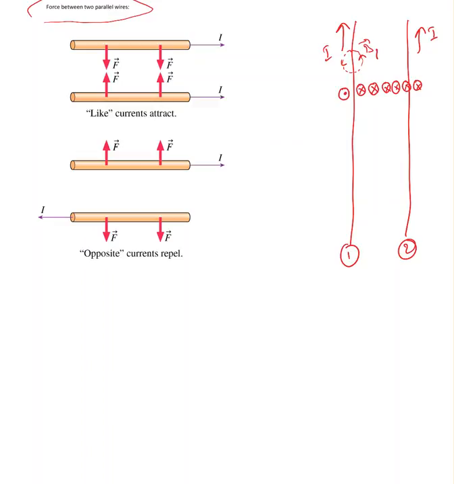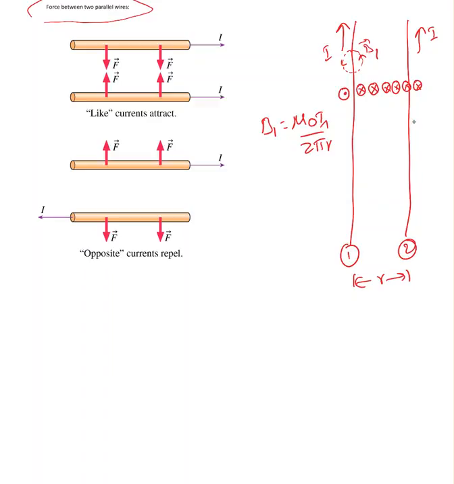What is that B1? B1 equals mu naught I1 over 2 pi r, where 2 pi r is the distance between these two. So B1 is the magnetic field at the point where conductor 2 is placed, equal to mu naught I1 over 2 pi r.